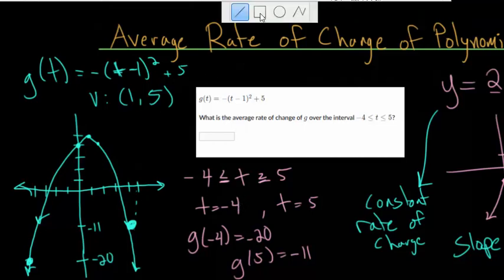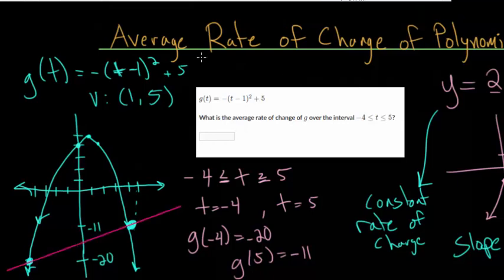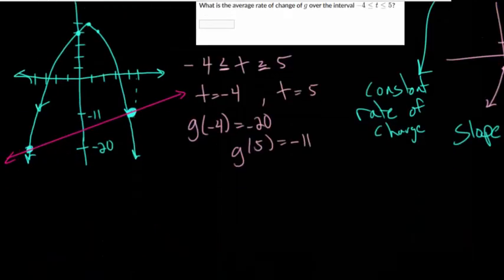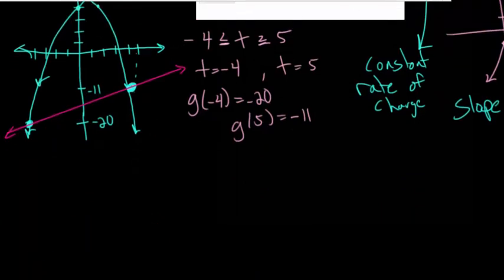So let me use my line tool, and we will connect these with a straight line. And the average rate of change is just asking, what is the slope of this line? Since if we know the slope of this line, we can roughly approximate how the function changes between these 2 points. And again, it is a rough approximation, especially since these 2 points are so far apart. But let's calculate that so that we can interpret it.